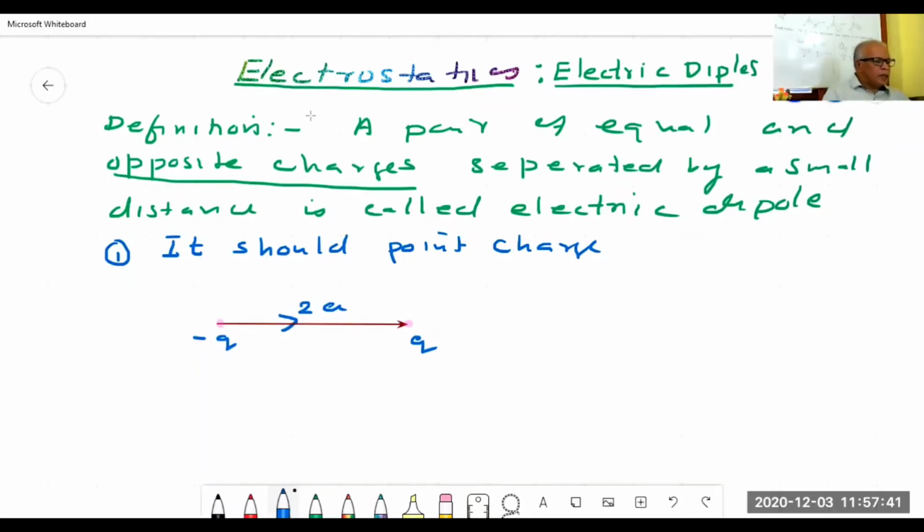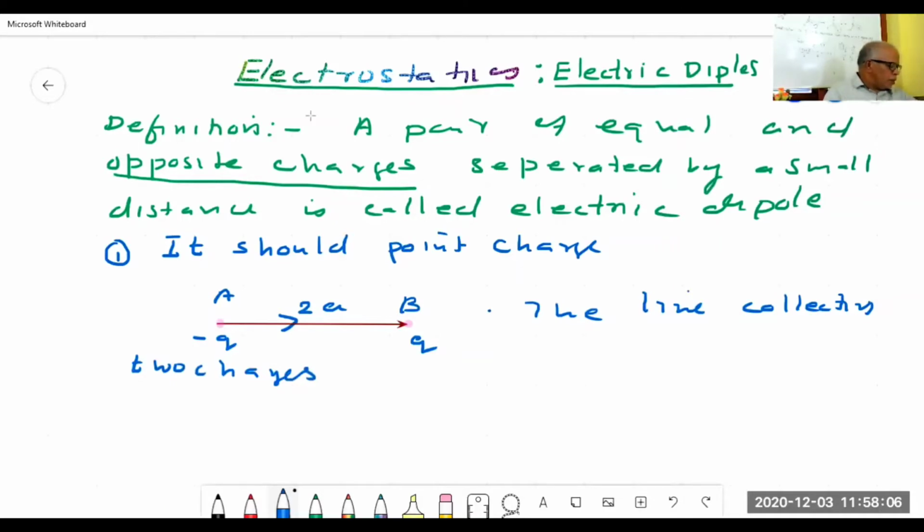The line connecting the two charges, suppose AB, defines a direction in space.